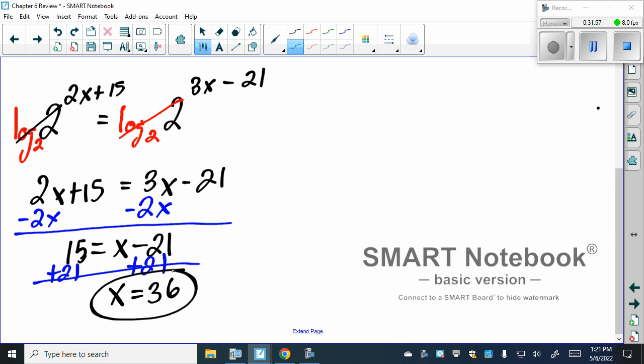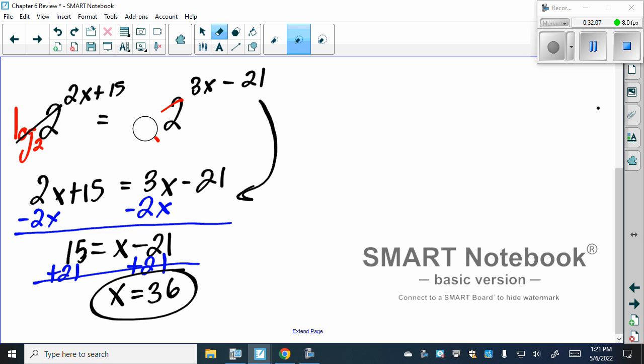This explains why this works, why the exponents are equal. But we could have gone from this to this here without having messed with log base 2. We can just set the exponents equal to each other and solve.